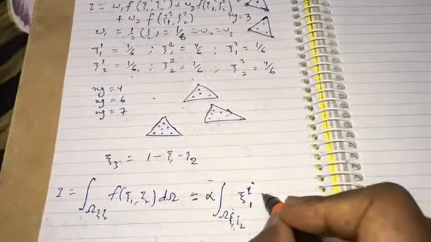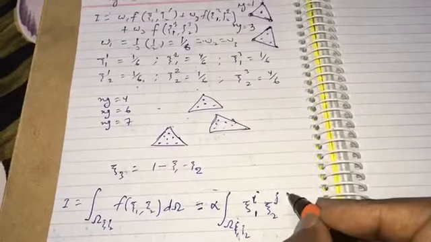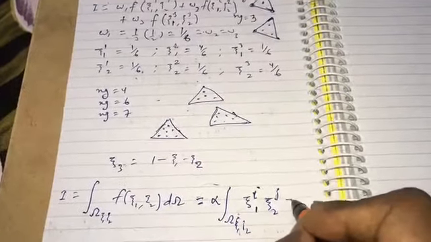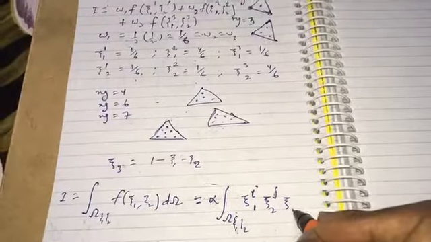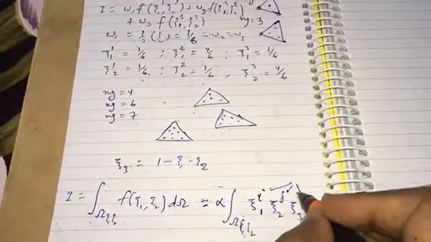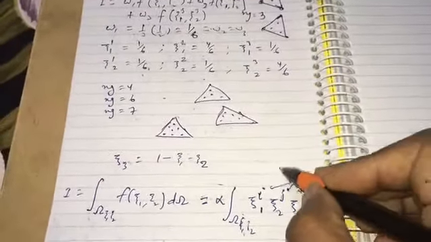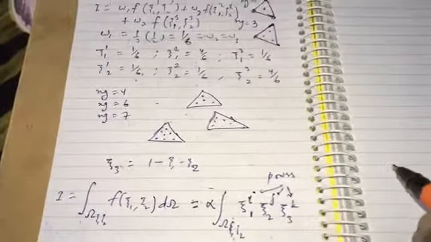then xi 2 to the power j, xi 3 to the power k. These ijk are not superscripts for identification purposes, but the real powers.